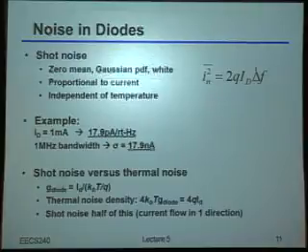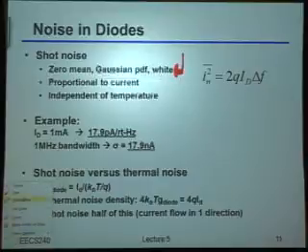Oh, this is proportional to bandwidth the same way that thermal noise is, in the sense that this is really just a white noise source, at least white up to any frequency that we as electrical engineers doing electronic circuits are probably going to care about, unless we get really weird new technologies that let us get out into multiple hundreds of terahertz. But it's just proportional to frequency in the same way that the thermal noise is.